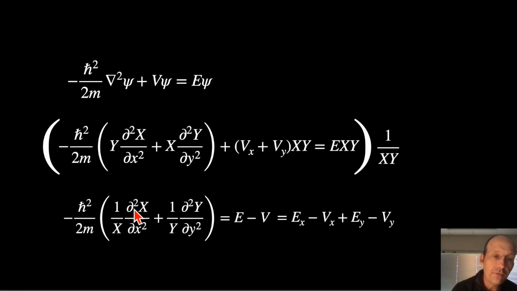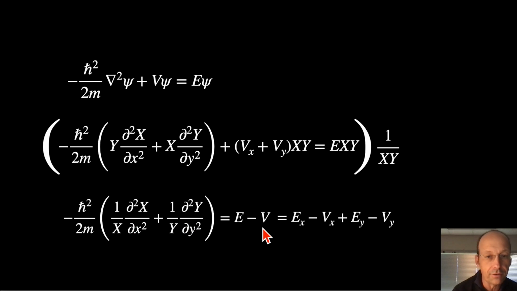Well, if this is equal to something that only depends on x, and this is only dependent on y, and I add them together and I get something that is constant-ish, and this is not always true, but in this case, if V is 0, then E is a constant. We already know that, right? Then this has to be a constant, that has to be a constant. Otherwise, if I change this and I don't change that, it's not equal to a constant.